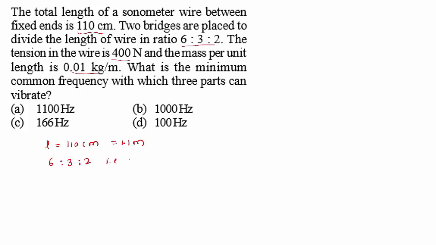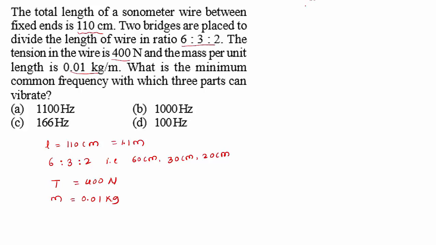That is, here they are 60 centimeter, 30 centimeter and 20 centimeter. Then the tension in the sonometer wire is 400 Newton. Mass per unit length is given as 0.01 kg per meter.